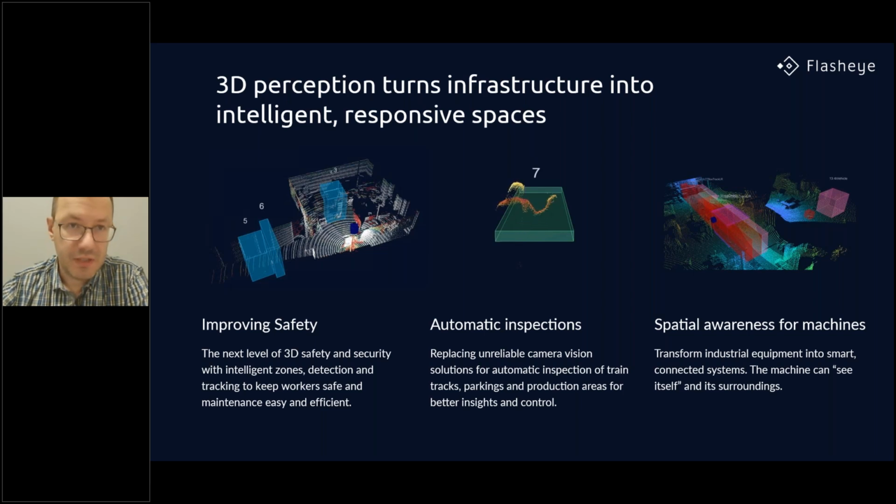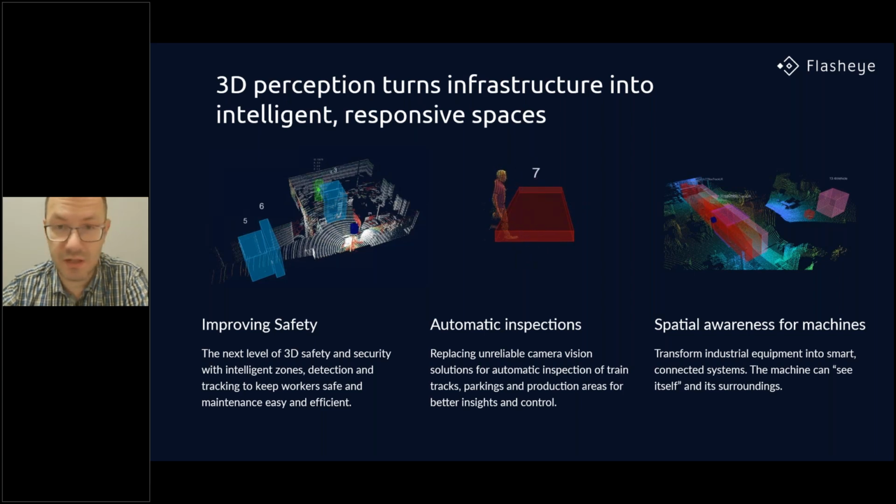And we believe that the perception, the 3D perception, the spatial perception can turn, or is turning actually, infrastructure into intelligent and responsive spaces. And also because of that, the safety will be improved and is improved already in multiple locations.